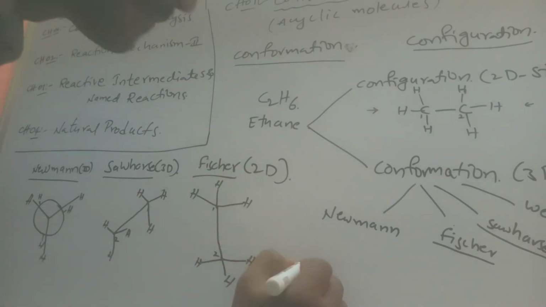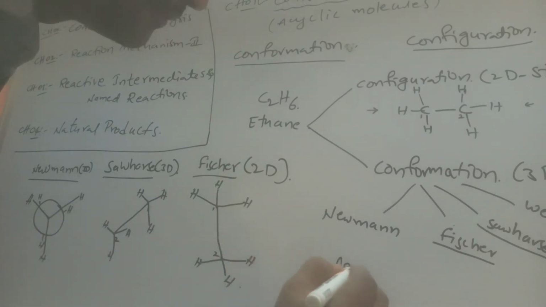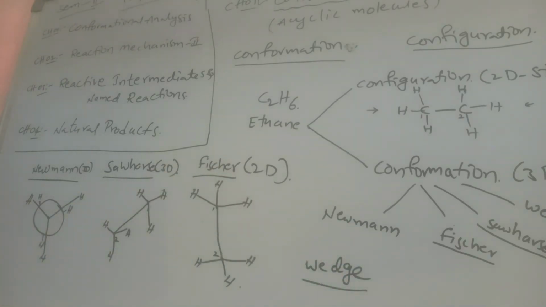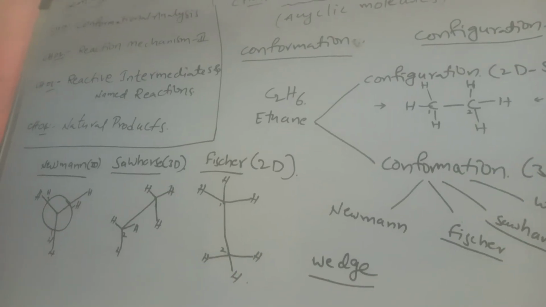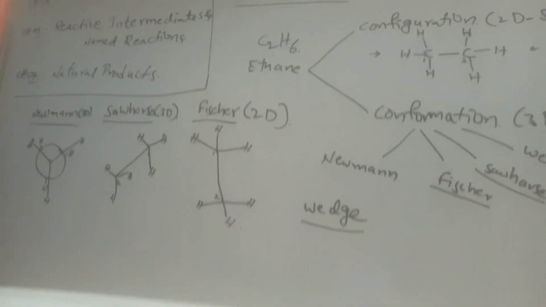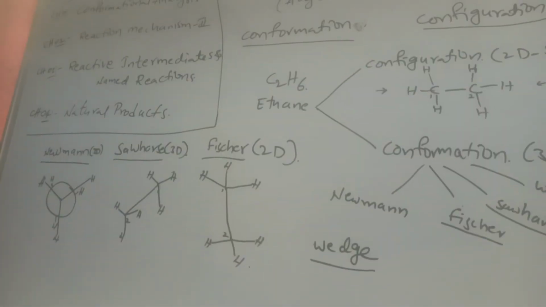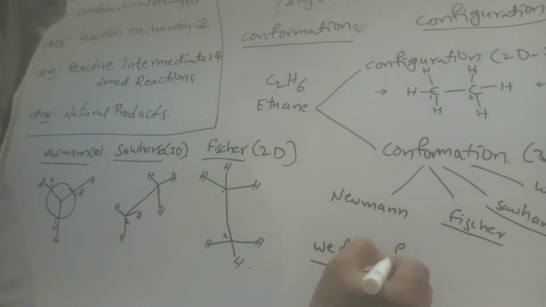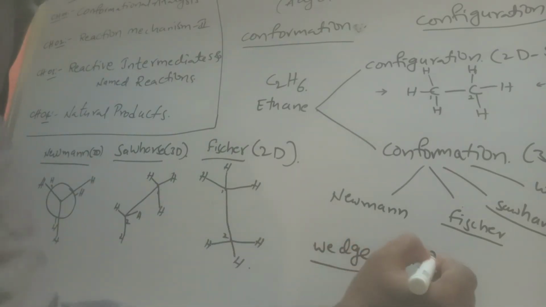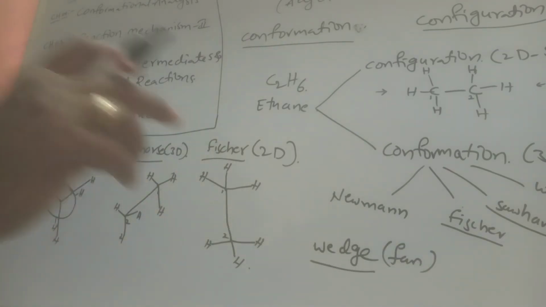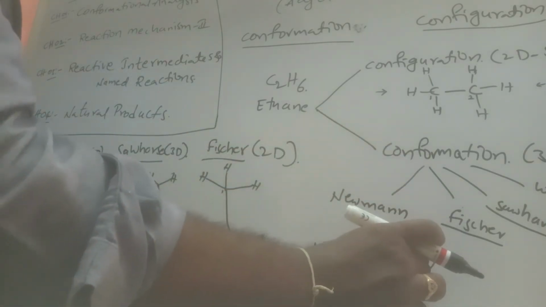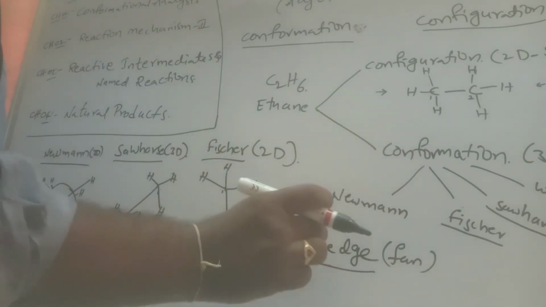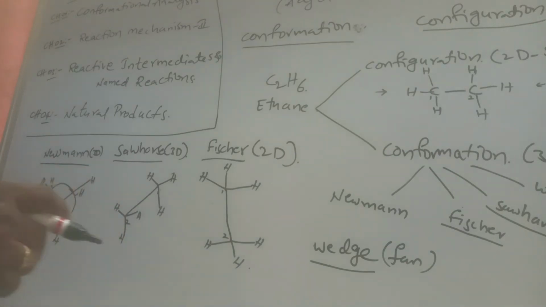So finally, the wedge formula. The wedge formula is also 3-dimensional. It can be displayed as fan wings. So how can we put up the fan wings? The wedge formula is also put up in the molecule of carbons.